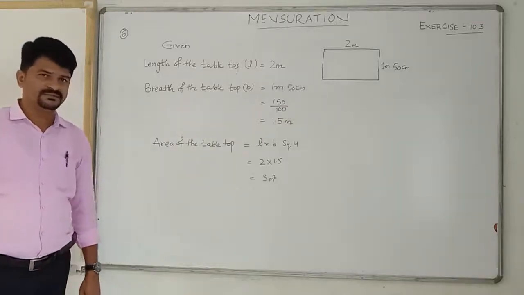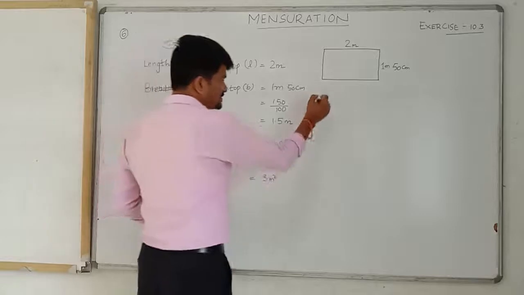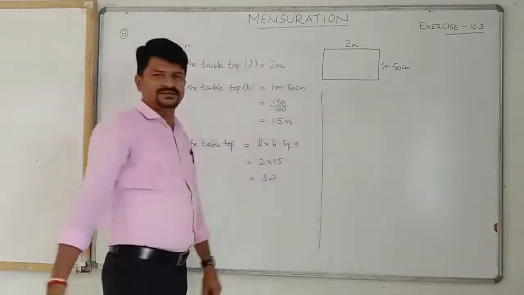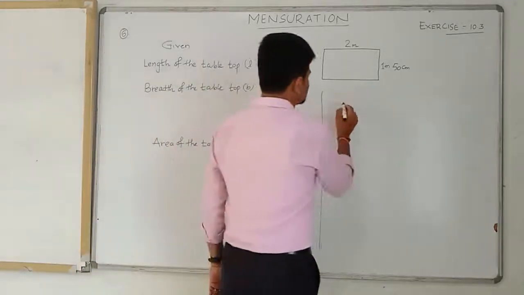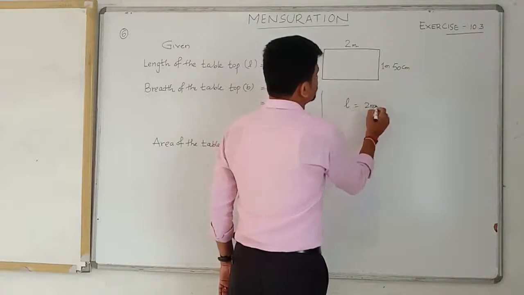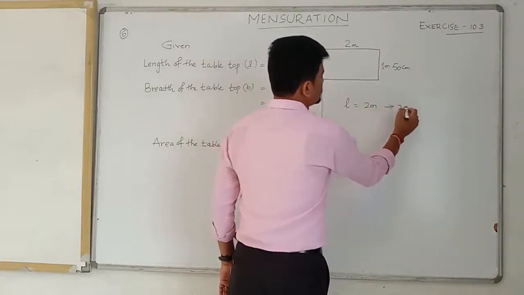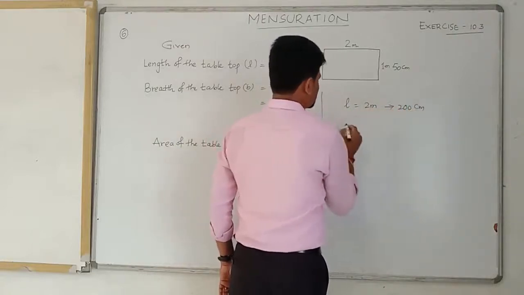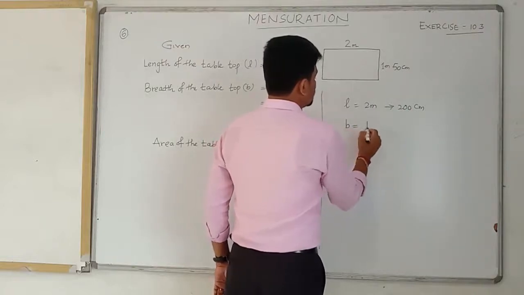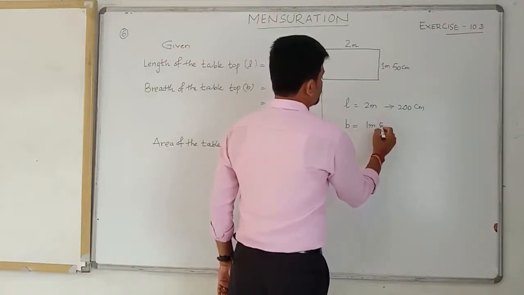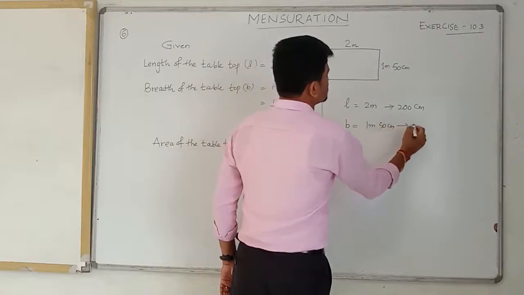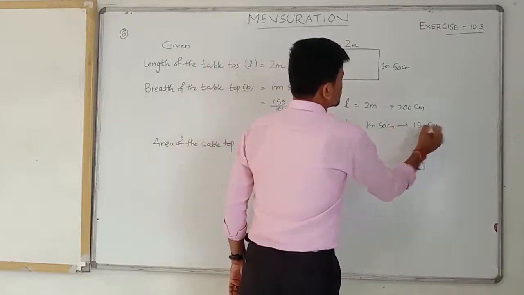Okay. Now let me explain this in square centimeters. Now length is equal to 2 meters, which means 200 centimeters. Breadth is equal to 1 meter 50 centimeters, which means 150 centimeters.